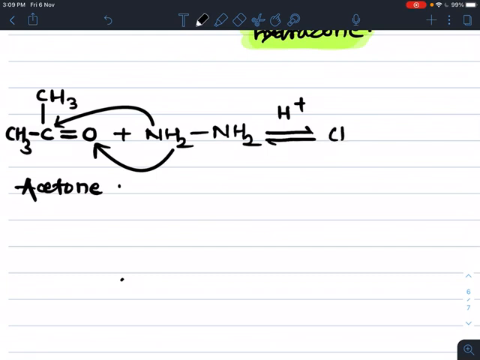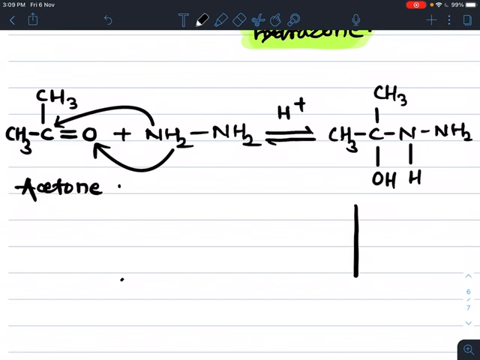Now the addition product formed is CH3, C, CH3 as it is. The doubly bonded O is converted into singly bonded OH. Further it is bonded with NH NH2. This is the addition product, and in the second step it undergoes elimination. So removal of H2O takes place from carbon and nitrogen.